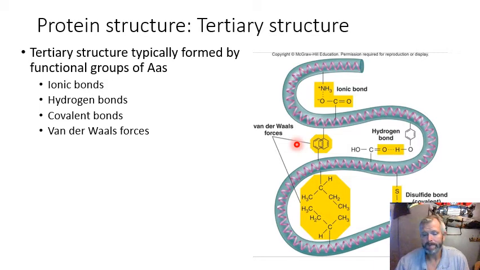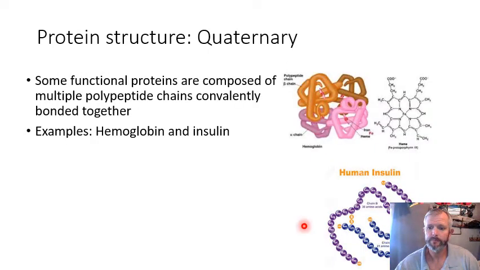So all proteins get up to tertiary structure. Some proteins even have quaternary structure. Most have tertiary and this three-dimensional shape, but some proteins, you can see here, each of these colored parts is a protein, and there are four proteins that come together to form this, our friend hemoglobin.